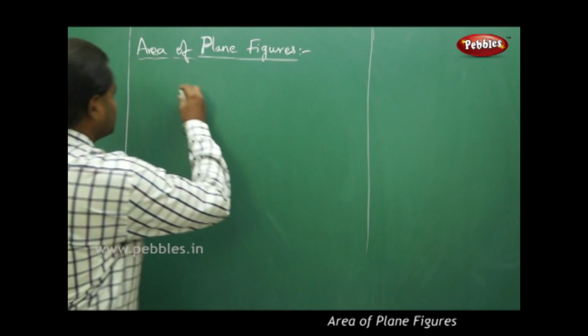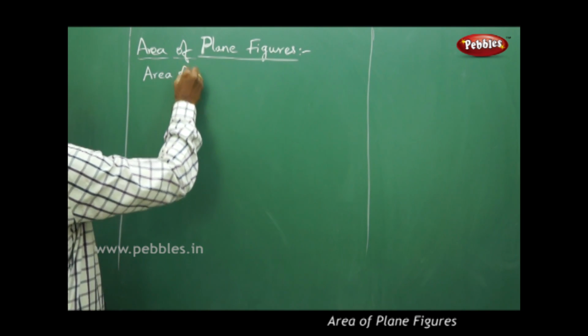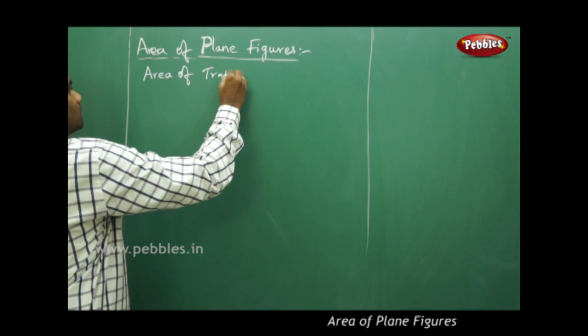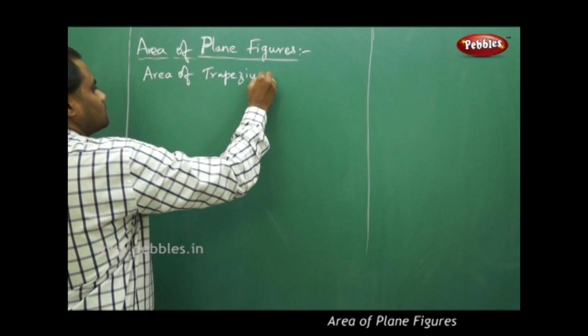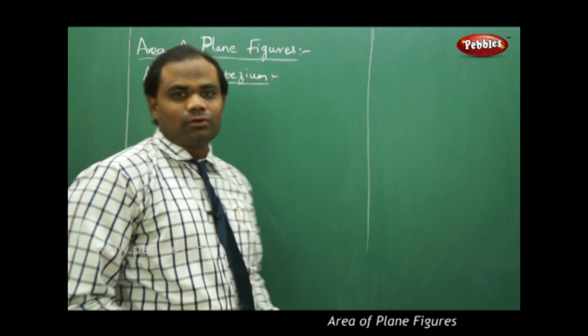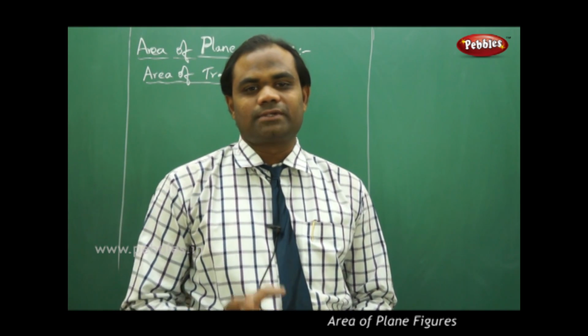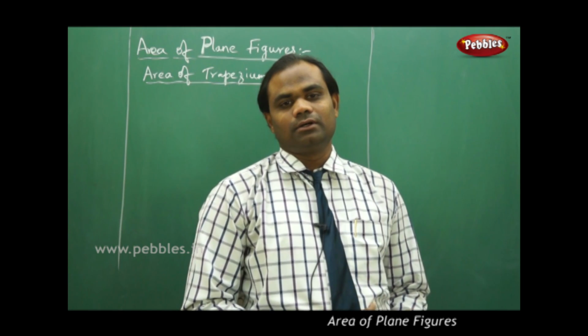So to recap, this is to start with area of trapezium. We all know that a trapezium is a four-sided closed figure where one pair of sides is parallel. Then that kind of a four-sided closed figure or a quadrilateral is called a trapezium.